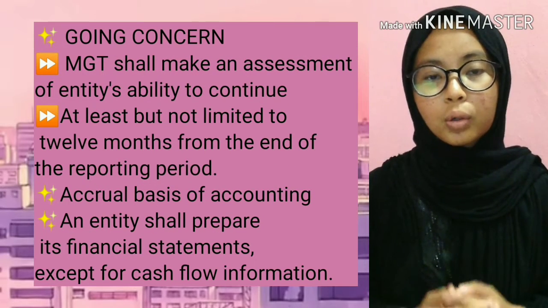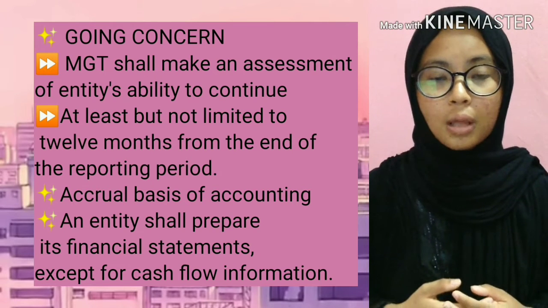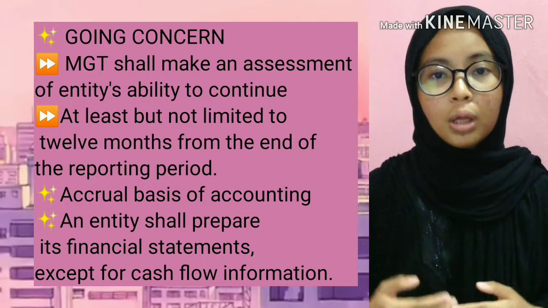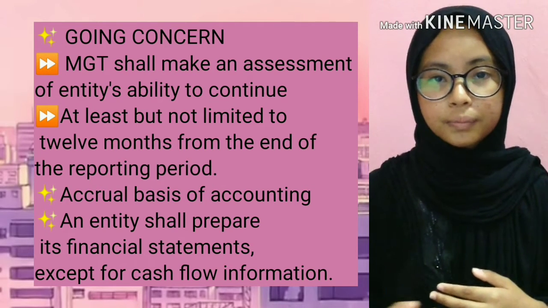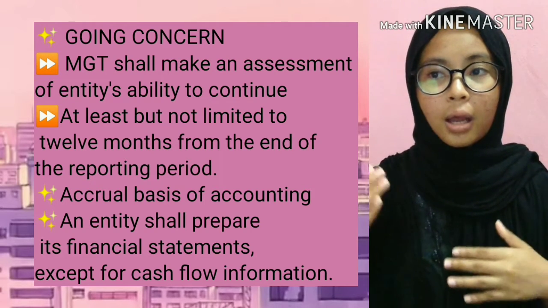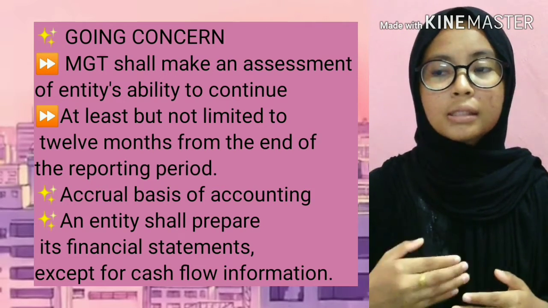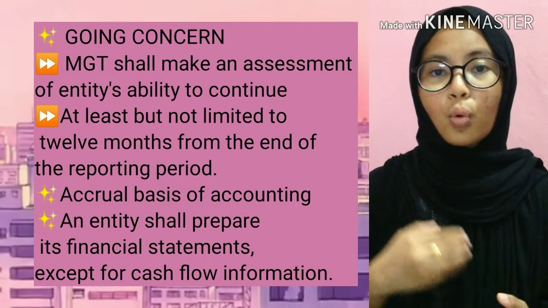What does going concern mean? Going concern means that when preparing financial statements, management shall make an assessment of an entity's ability to continue. And for accrual basis of accounting, an entity shall prepare its financial statements except for cash flow information.